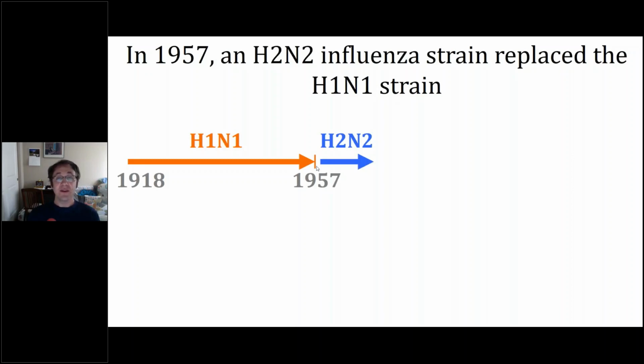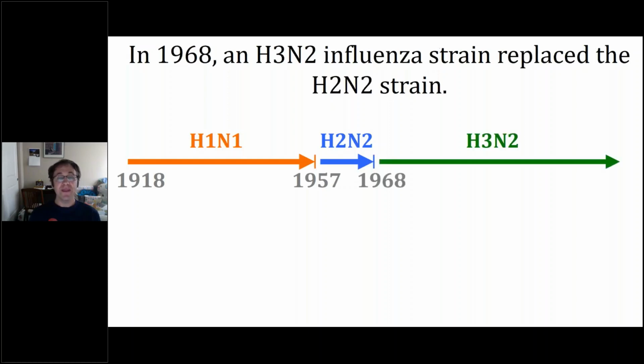In 1957, the H1N1 virus was replaced by a new viral strain, an H2N2 strain, which then again circulated in humans, undergoing a little bit of evolution every year. And then in 1968, that H2N2 strain was replaced by an H3N2 strain, which continues to circulate today.